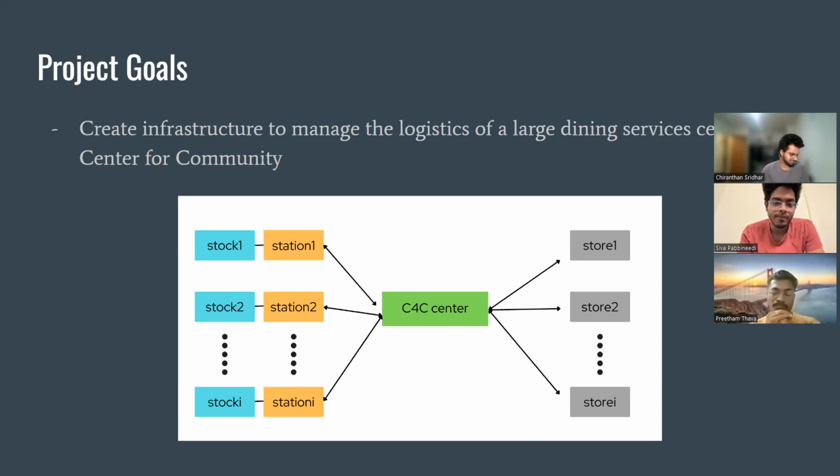We have lots of restaurants in C4C, which could be of very different cuisines like Italian, Persian, Asian, etc. We represent all of these restaurants as stations, and each of those stations has a stock or an inventory, and when they run out of that inventory, they make a request to the C4C center, which procures raw materials from grocery stores like Walmart or Safeway, etc., and gets inventory to these stations.